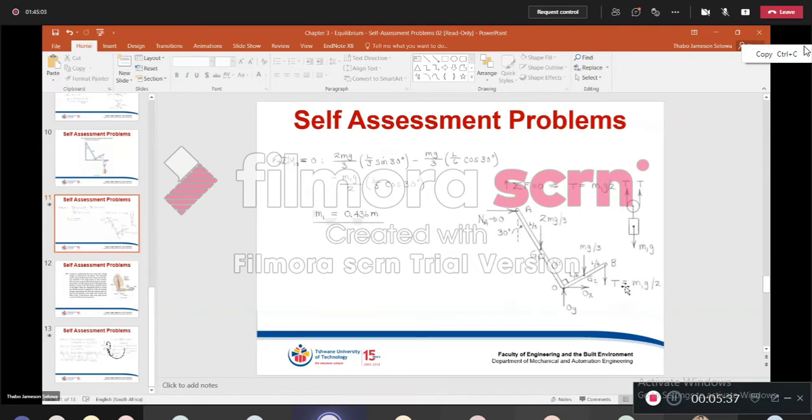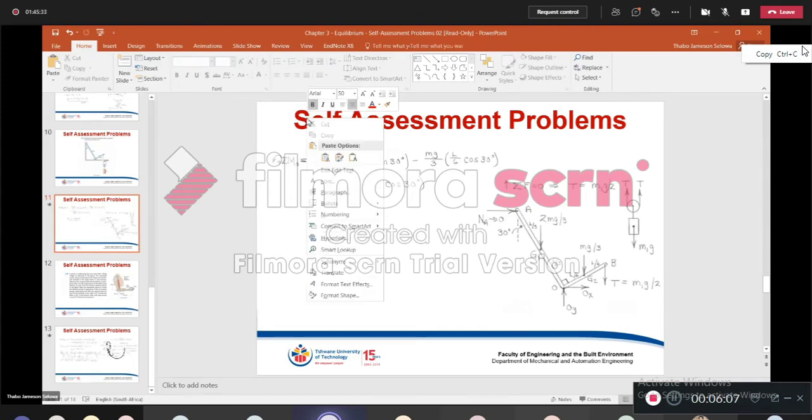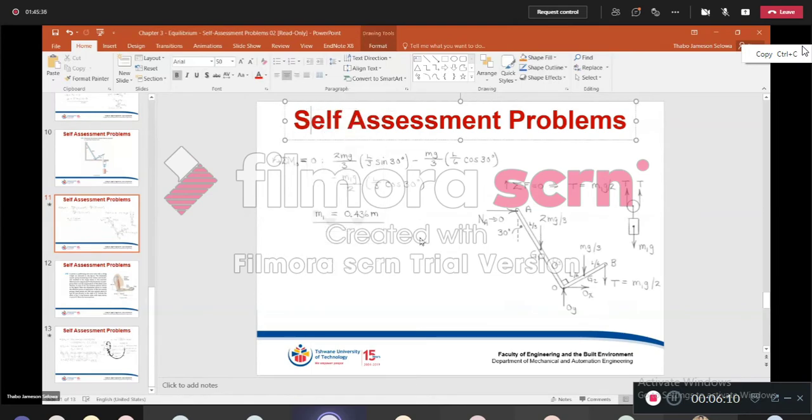So instead of writing T there, you just say mg over 2, with the total length to that point, which will be 1 over 3. When you do your maths, this is what you will find. You make your M the subject, and then you'll find that your M1 will be 0.436.